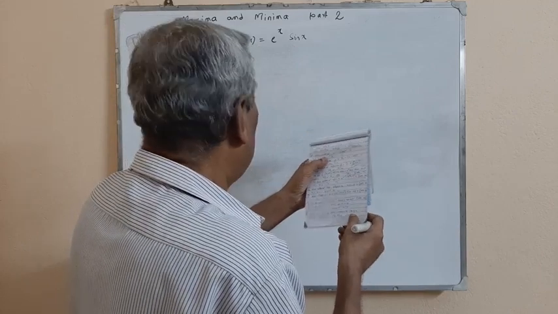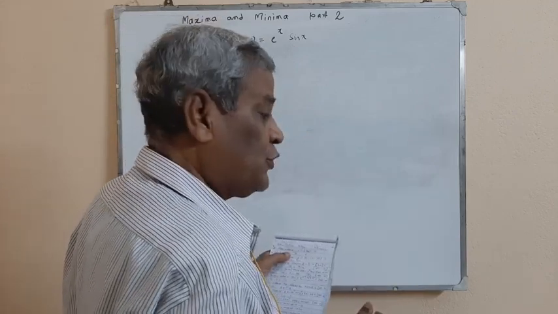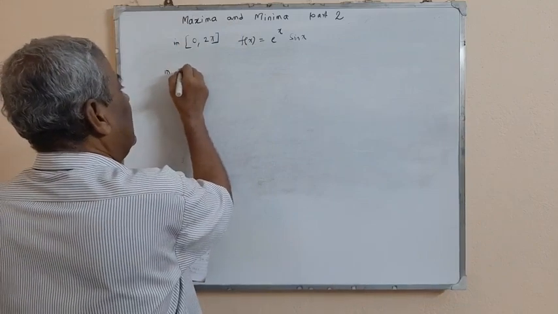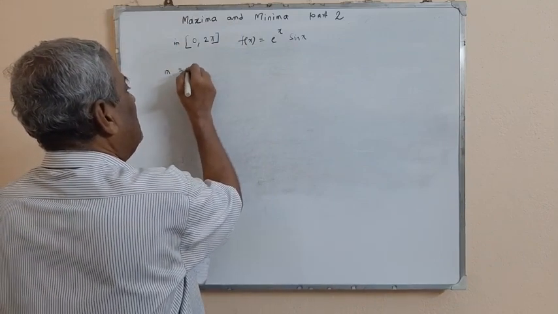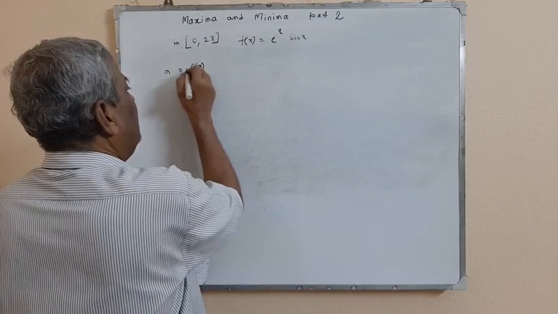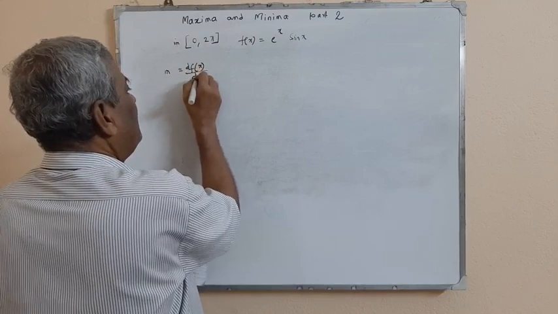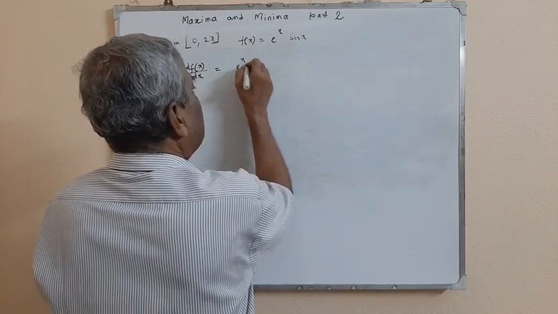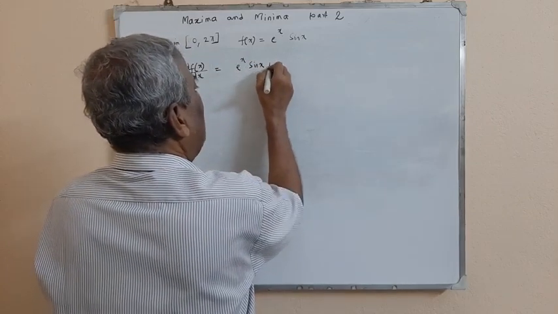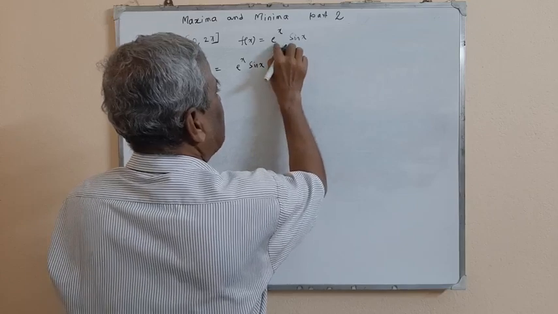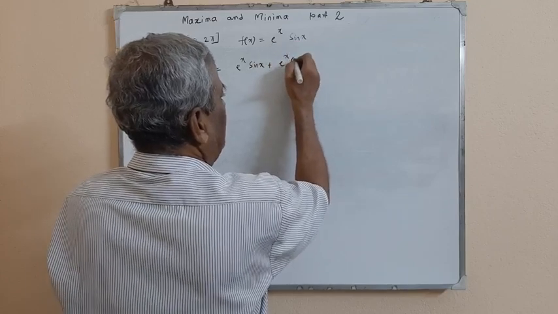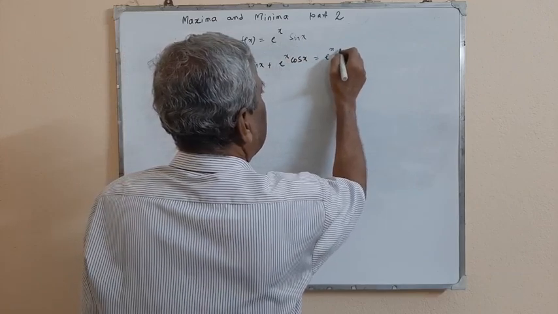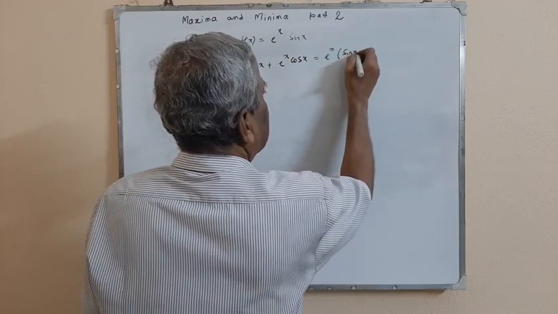Therefore, first of all we have to find its slope. Slope is nothing but f dash x, that is d dx of f x, which is e to the power x sin x plus e to the power x cos x, equal to e to the power x into sin x plus cos x.